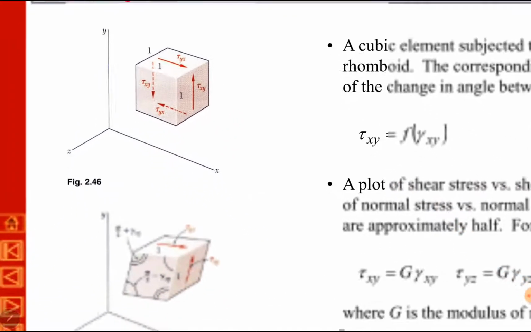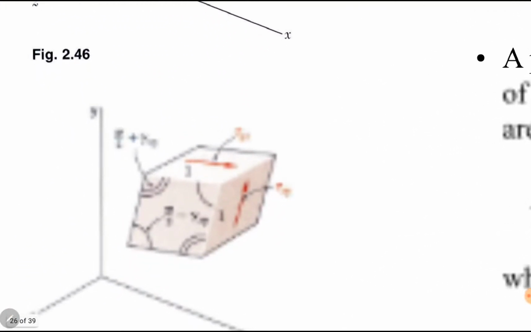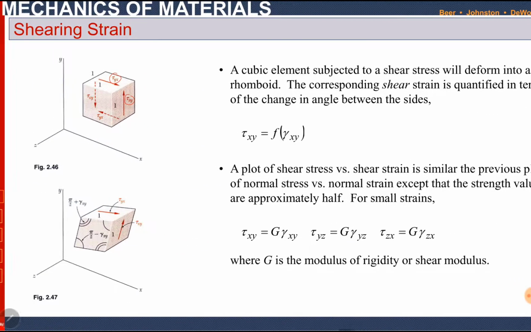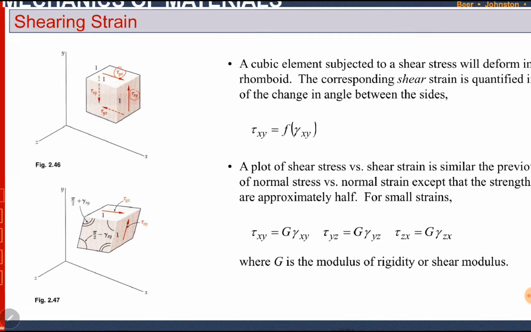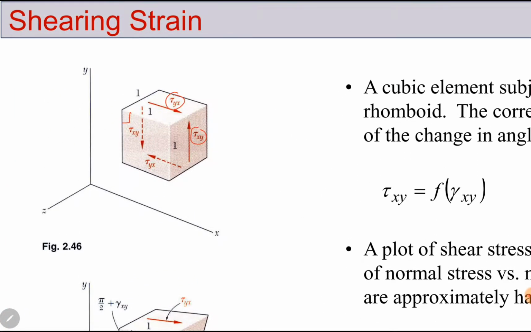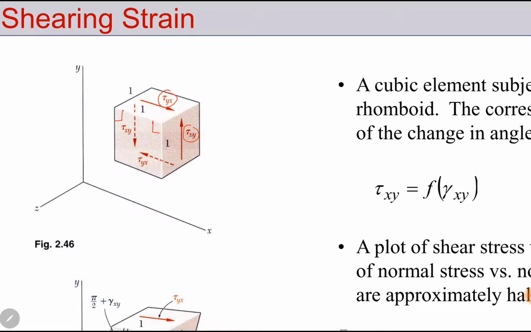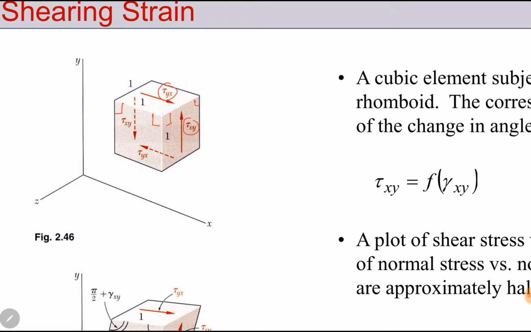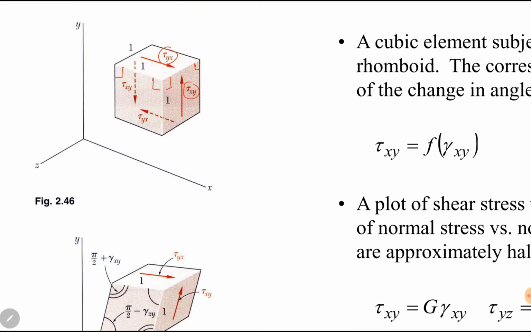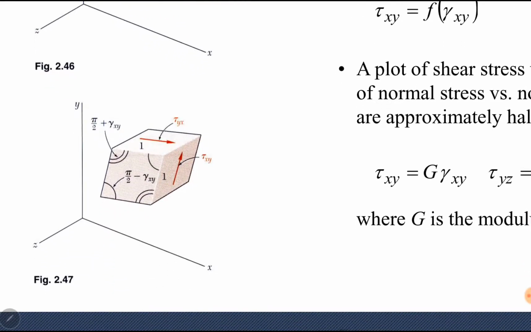These shear forces or shear stresses will convert this cube into a rhomboid. The angles of the sides have been changed. Initially all the angles were 90 degrees. Now, if we look at the front face, the xy face, we can see two of the angles have decreased.